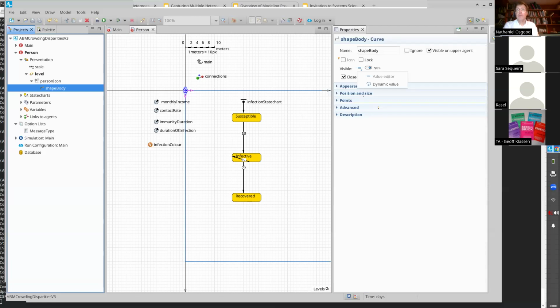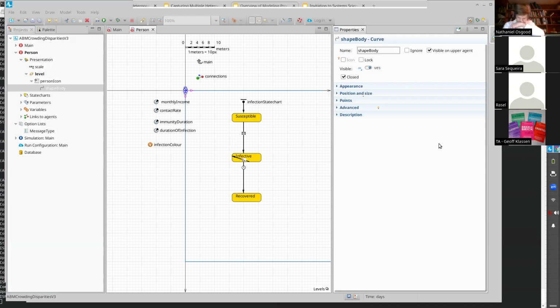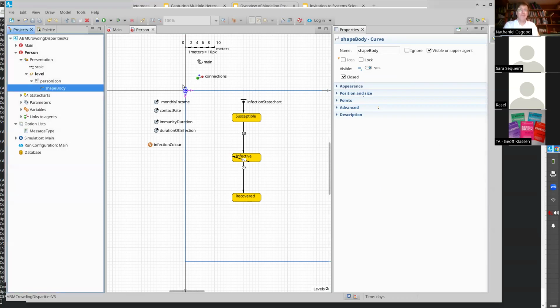And I know that may sound like an ad for a spa or an exercise place, but it's the name of the shape that forms the body of this anthropomorphic icon.